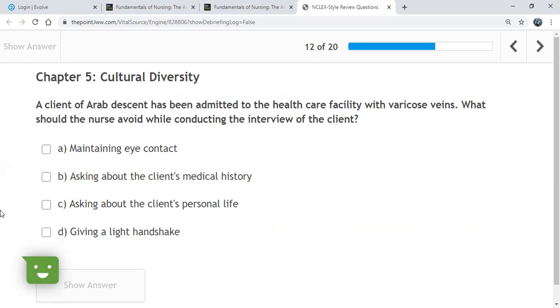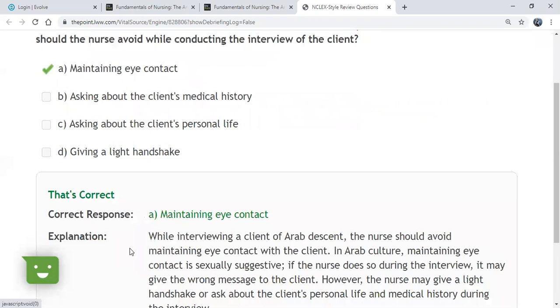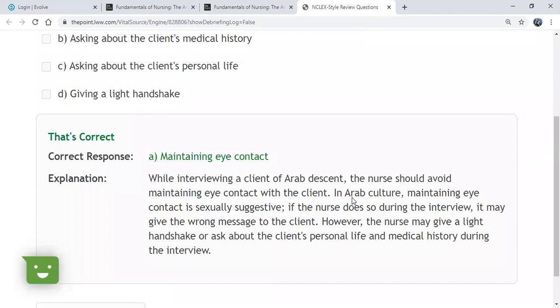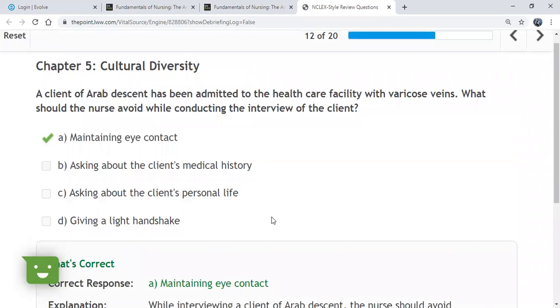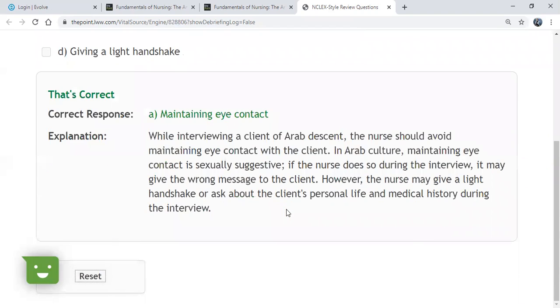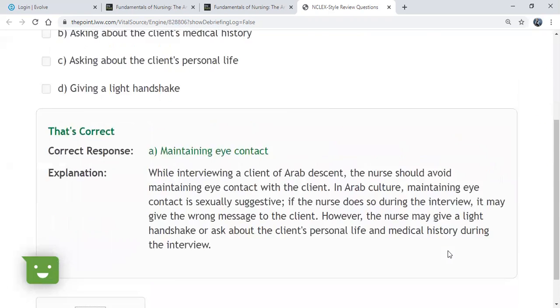Wait, did I read that wrong? Oh, maintain eye contact. I'm sorry, but it's asking what you would avoid doing. So the handshake: women cannot shake the hand of men. It's offensive, in case you don't know that.